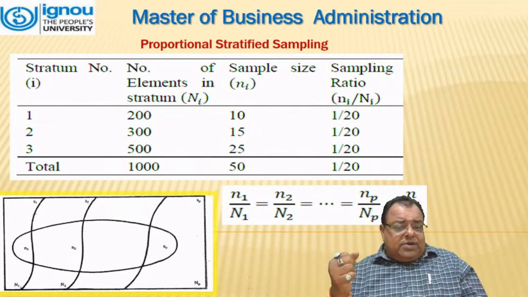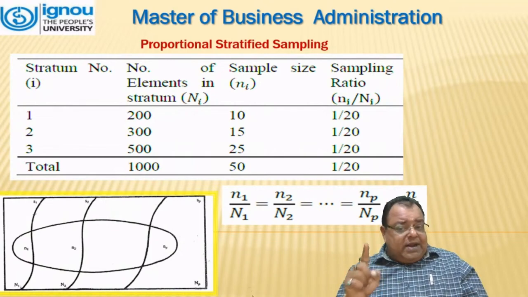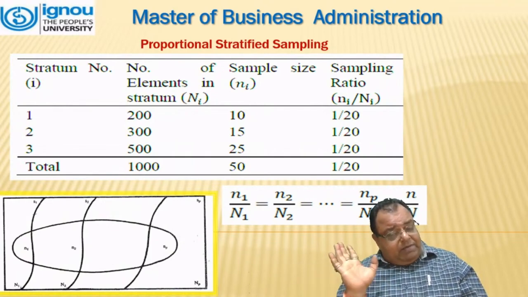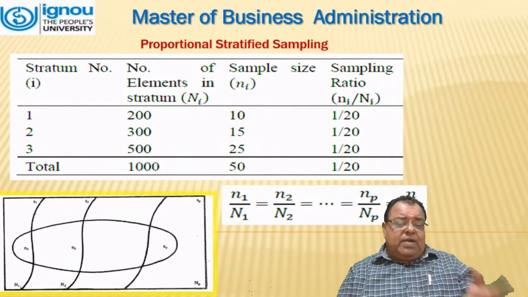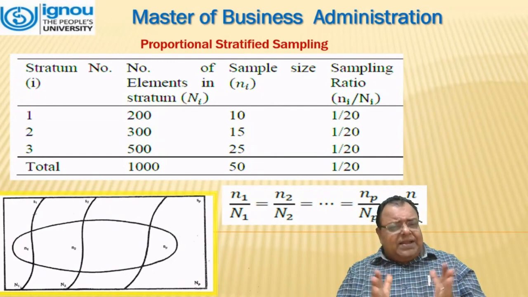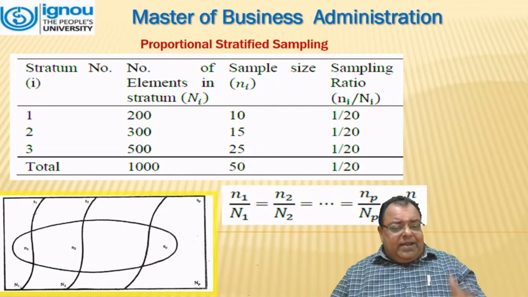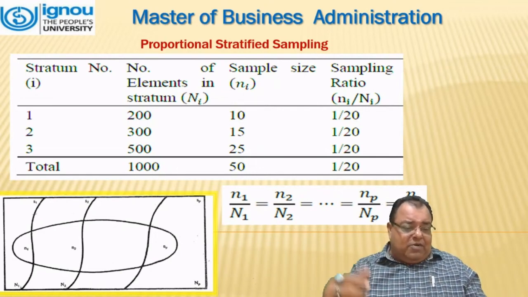Sampling ratio comes out to be 10 by 200, that is 1 by 20, 15 by 300, that is again 1 by 20, and 25 by 500, again 1 by 20. And in the last row, 50 by 1000, again 1 by 20. That means this is a practical example of proportional stratified sampling. Mathematically, graphically, and in terms of your formula.